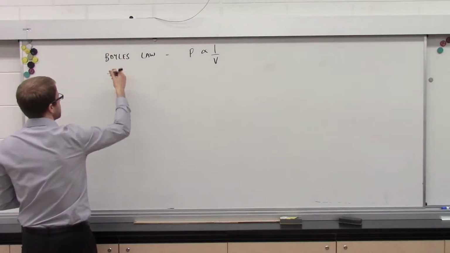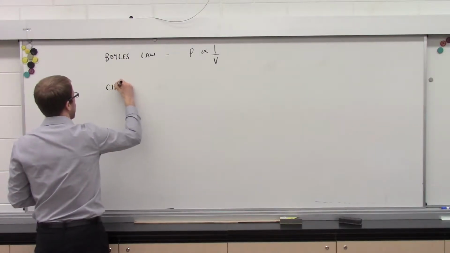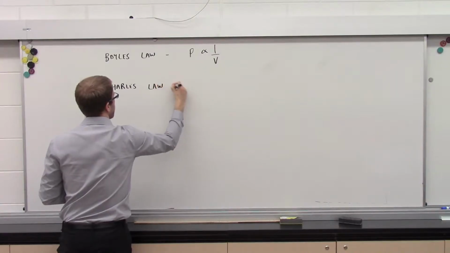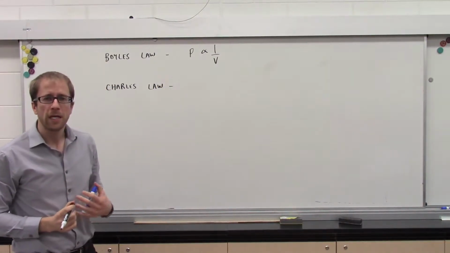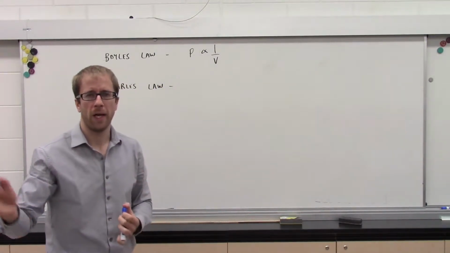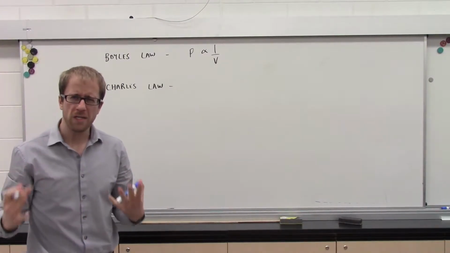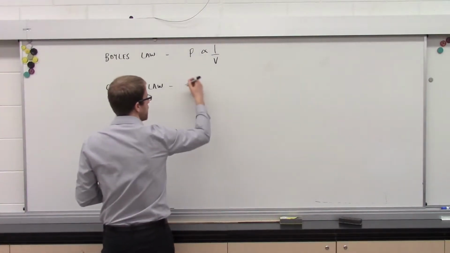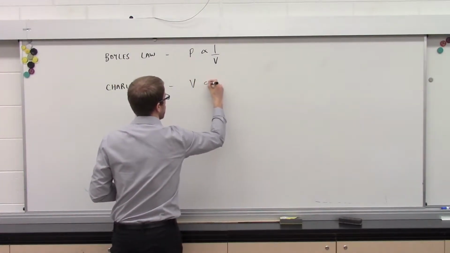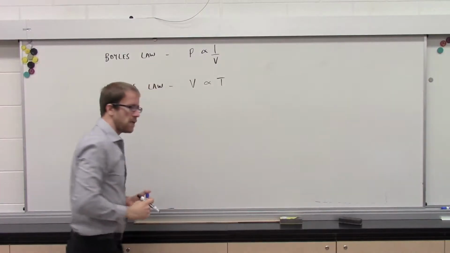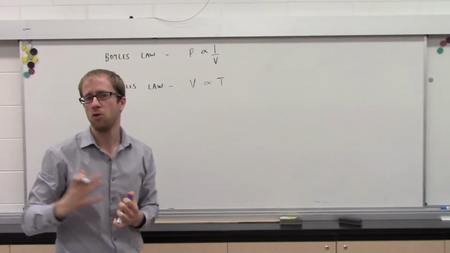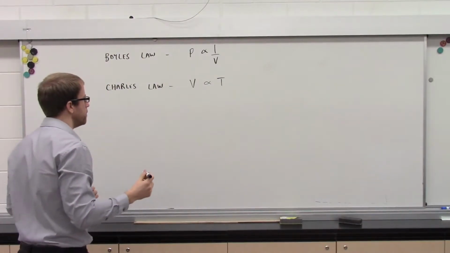Now if we look at our next law, which was Charles' law, we explored the relationship between volume and temperature. What was that relationship? Yeah, that's right, they were directly proportional. So if we increase temperature, we increase volume. If we decrease volume, we decrease temperature.